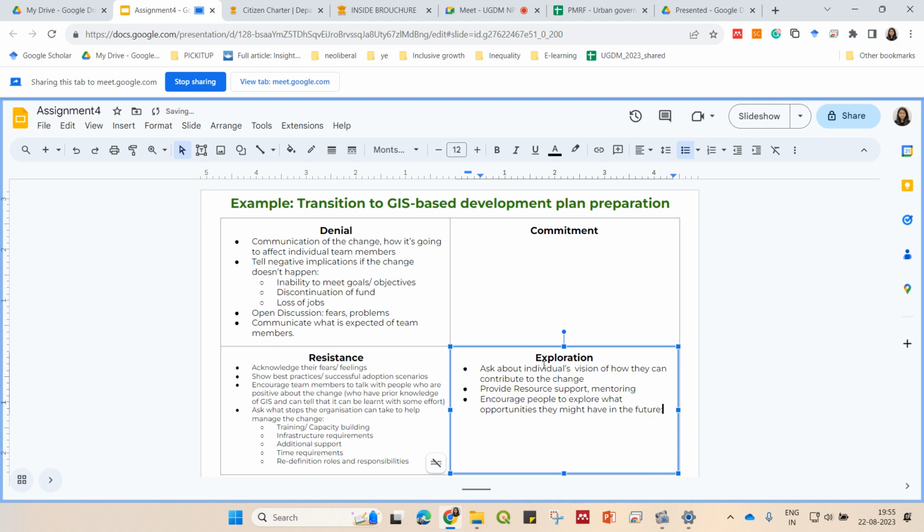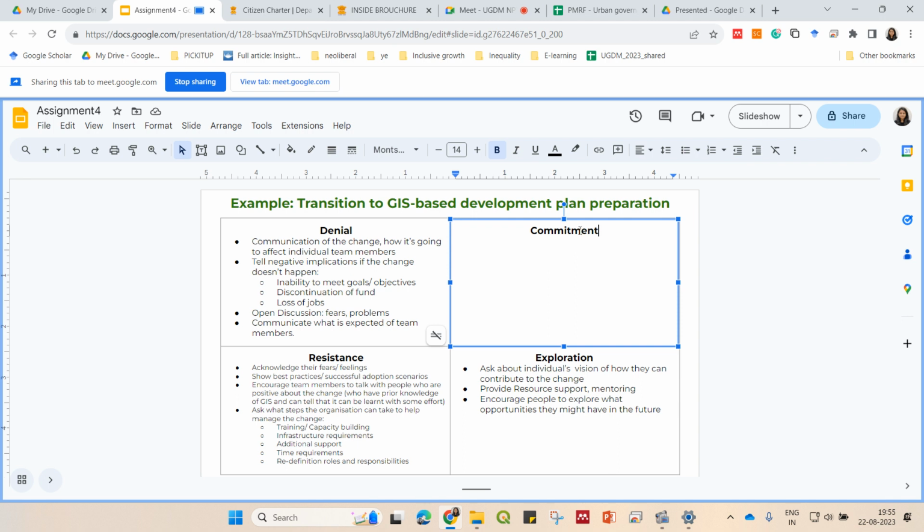Okay, so it can be maybe after learning GIS, they might have better opportunities to work within the system. They might have a chance for a promotion or things like that. Or they can maybe contribute more meaningfully to the role which they were contributing earlier and things like that. So these all come in the exploration stage.